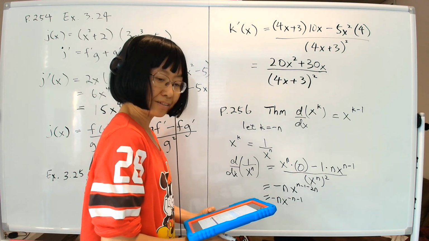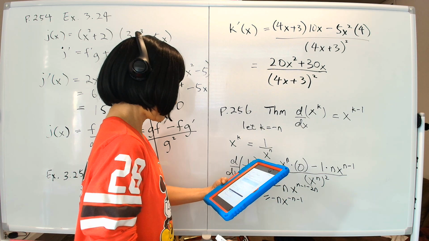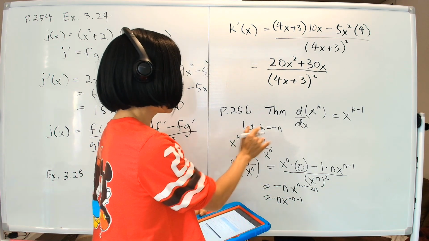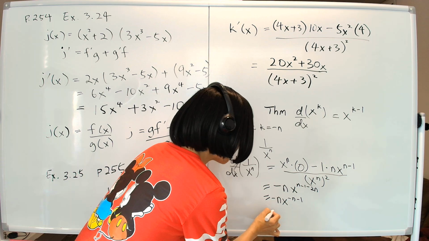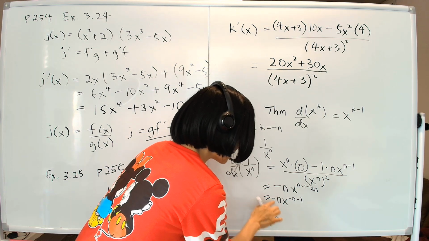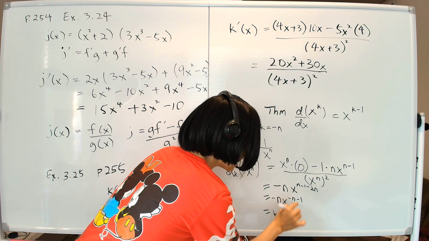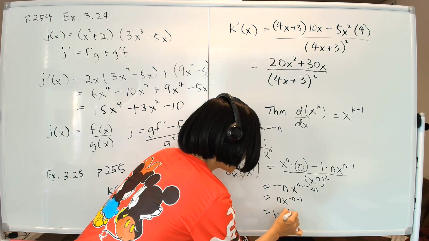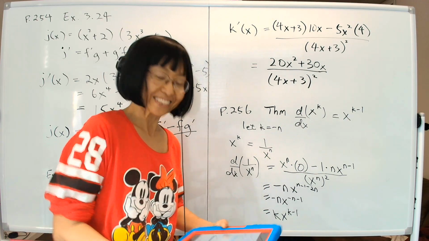All right, so at this point, we go back to k. So what was n again? We already said k equals minus n. So you put k back, k is minus n, so that replaces that minus n. x to the power k minus 1, and that is neatly what we're trying to prove.